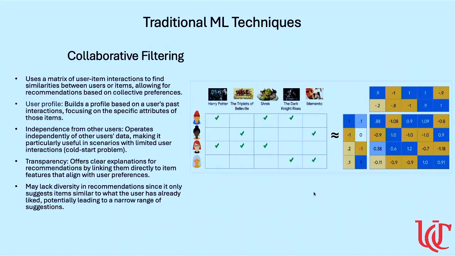The second traditional approach, which has been fairly widely adopted, is collaborative filtering. Collaborative filtering became very popular with the Netflix recommendation challenge, where they open sourced a good amount of data and wanted to develop a recommendation engine.